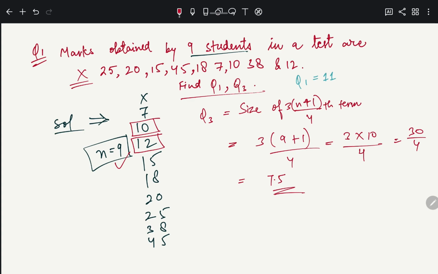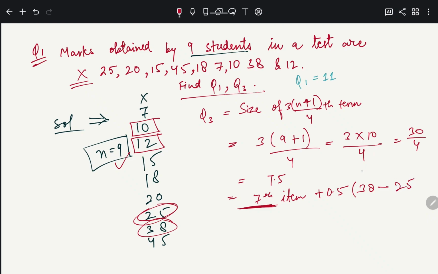So what we will do is, seventh item plus 0.5 into, we will always select the item next to this item and subtract from it this item. So what is our eighth item? It is 38. So we will write here 38 minus this seventh item, which is 25.